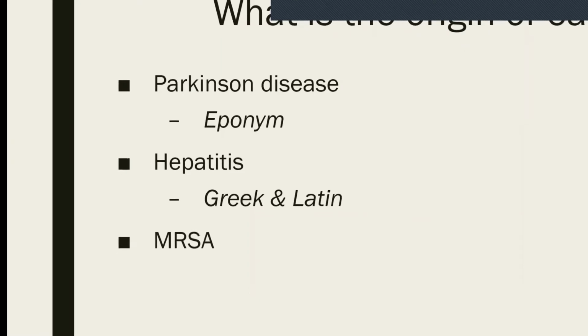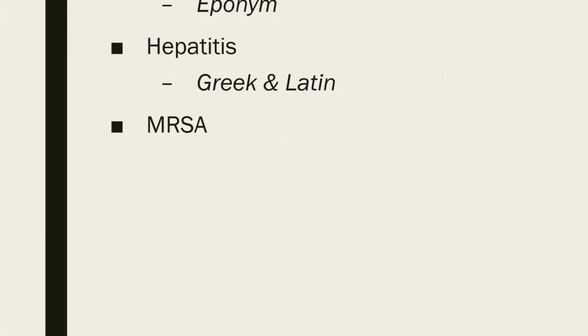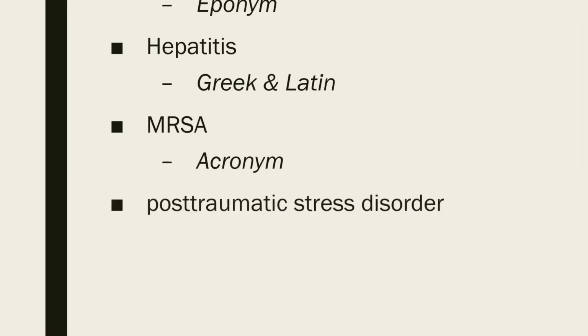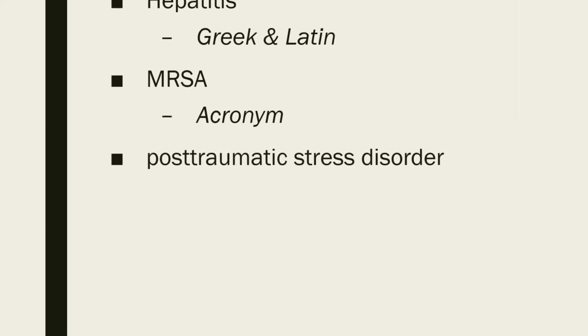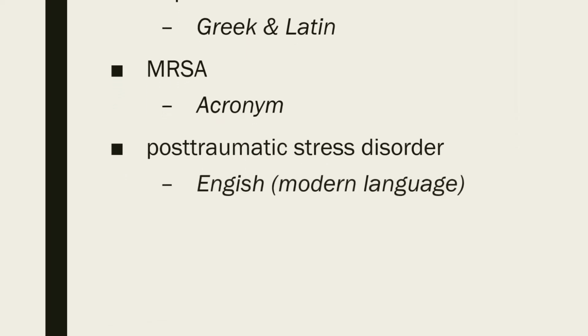MRSA, methicillin-resistant Staph aureus, is a specific type of bacteria that is resistant to an antibiotic. It is an acronym because each one of those letters is a word itself. Post-traumatic stress disorder comes from modern language, so this is all English words that we're putting together.